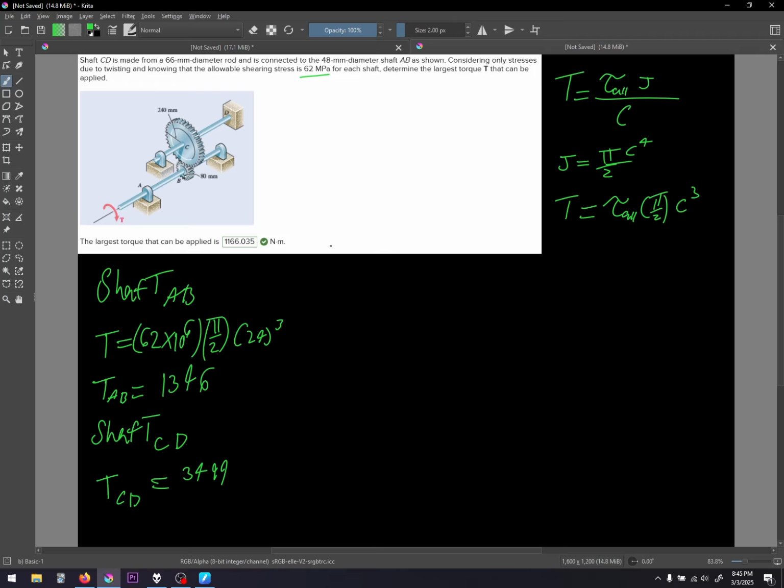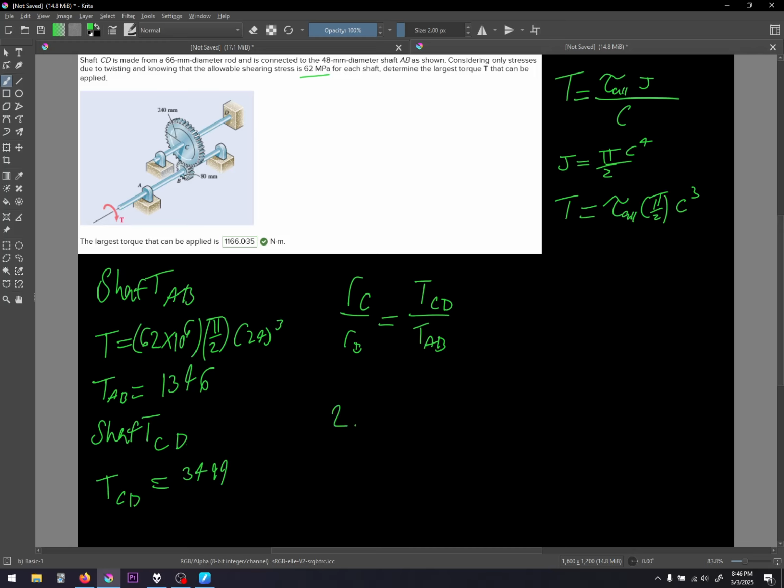We have gear C and gear B. So R of C, and then T of CD goes on top. And this is going to be equal to R of B times T of AB.